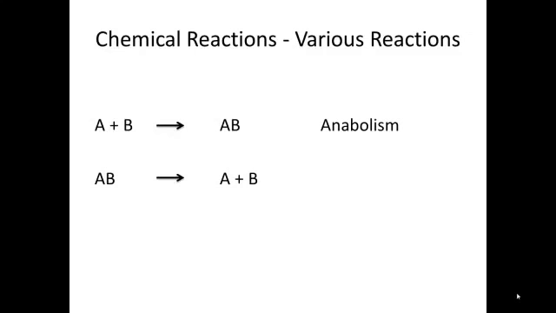Or putting two atoms, in this case 3 atoms, or molecules together. Anytime you take two different things and combine them together to make one bigger thing, that's anabolism. And that requires energy. Believe it or not, to make water out of hydrogen gas and oxygen gas, it takes energy and usually involves an explosion.